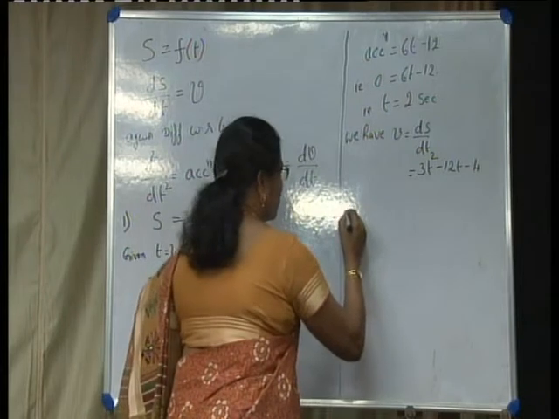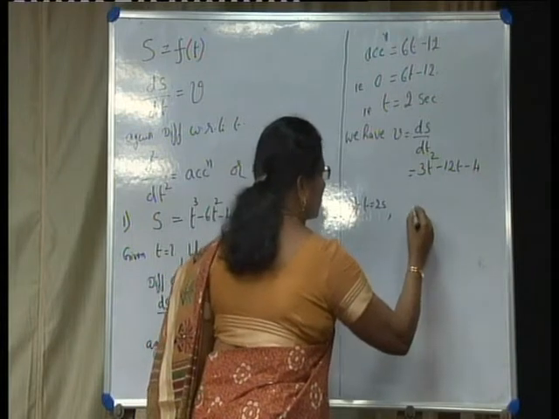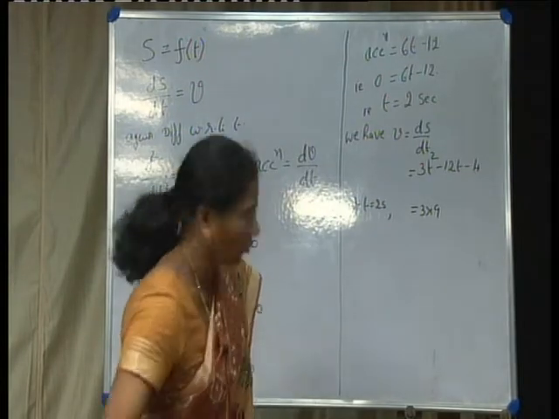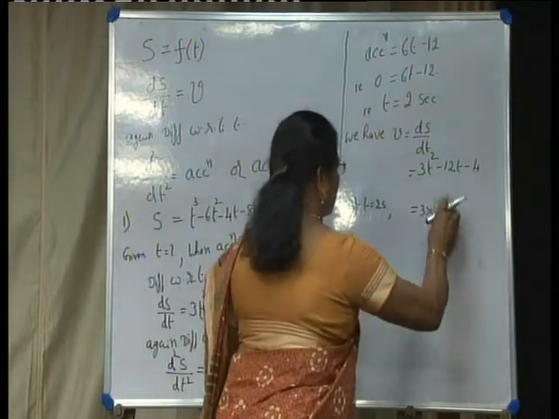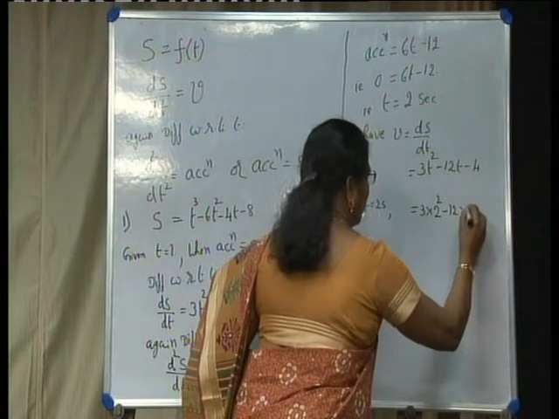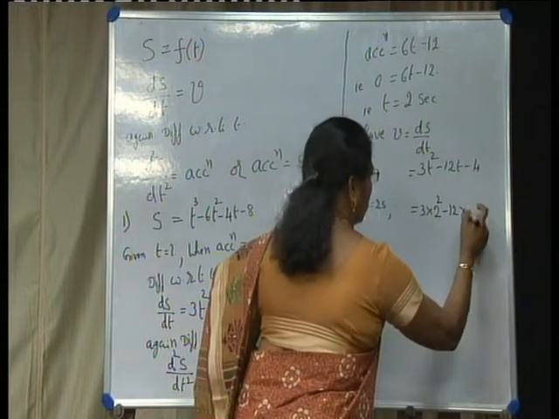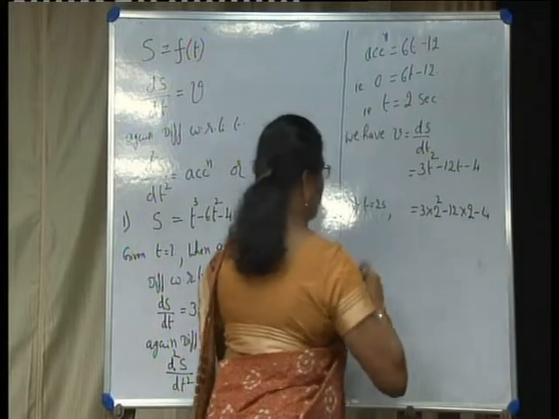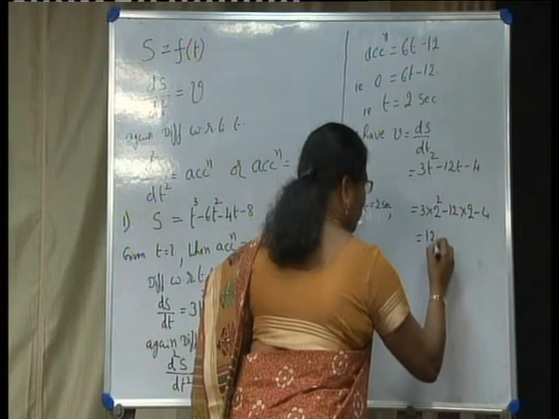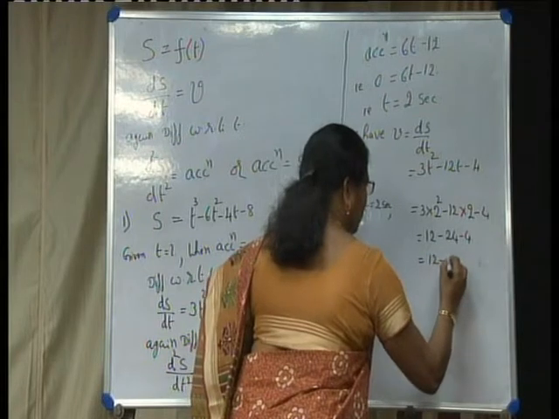Put t is equal to 2 seconds: 3 into t squared, minus 12 into 2, minus 4. 2 squared is 4, 4 threes are 12, minus 24, minus 4, so 12 minus 28.